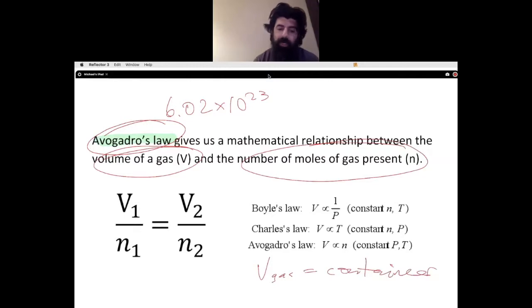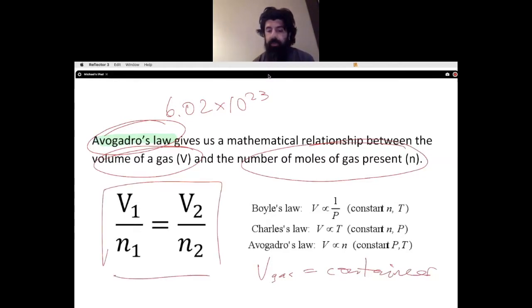But anyhow, here is the formula for our volume and number of moles. Understand that there is a direct proportionality, as we saw before. Direct proportionality means that if the volume of a gas goes up, so does the number of moles.